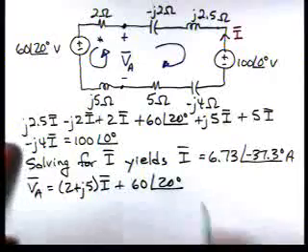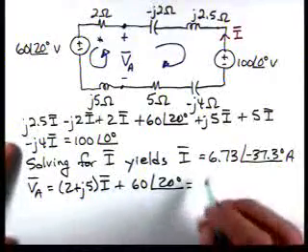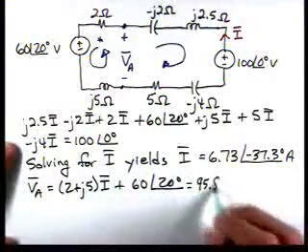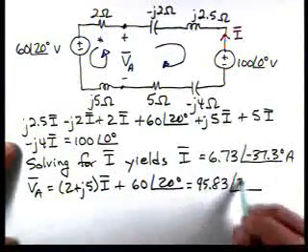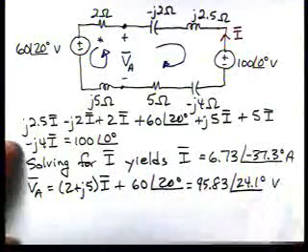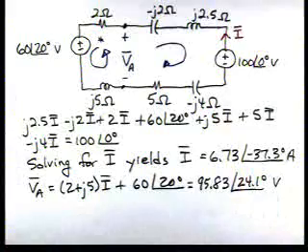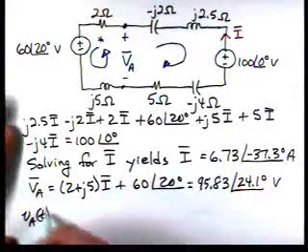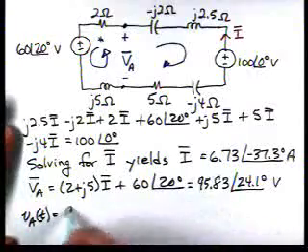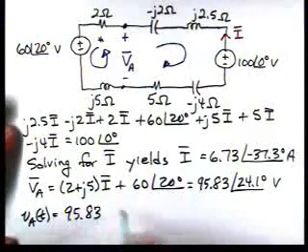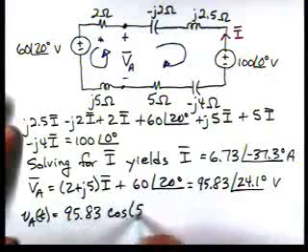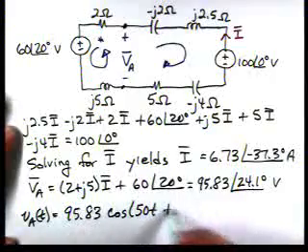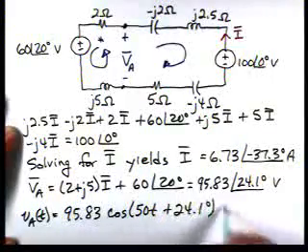And if we calculate VA, that turns out to be 95.83 at an angle of 24.1 degrees. So there's the phasor VA. Now, for VA of t, we convert back to the time domain. The magnitude is 95.83 cosine 50t plus 24.1 degrees volts.